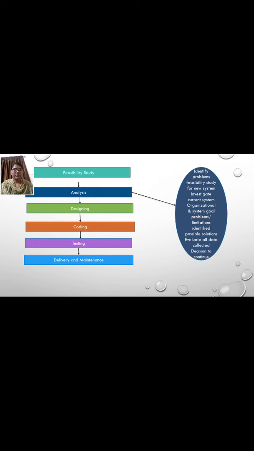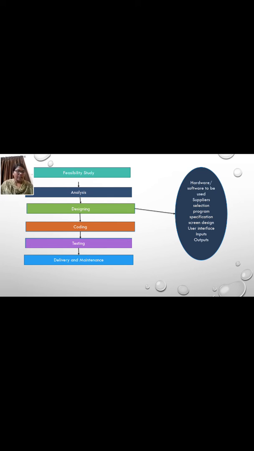The next one is the designing phase. Designing is done at two levels: high level designing as well as low level designing. What exactly is high level designing and what exactly is low level designing?